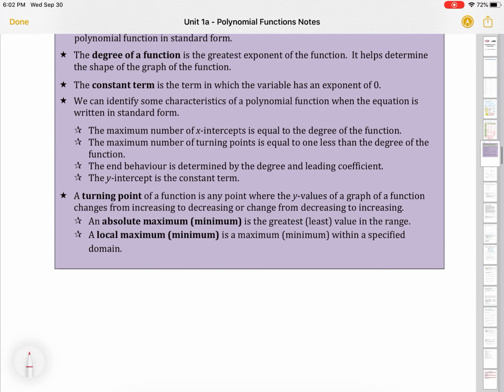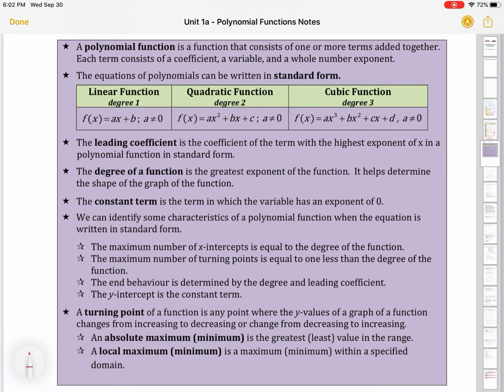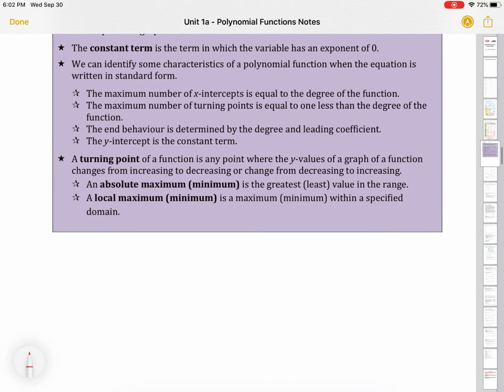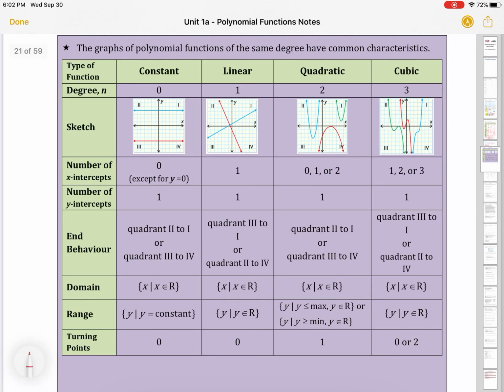It's summarized on these last 2 pages. So read through these purple chunks. It's in your note package, so I know you can read them. This kind of summarizes all of the stuff. This is a beautiful document here. It kind of outlines all of the qualities of constant, linear, quadratic, and cubic functions.